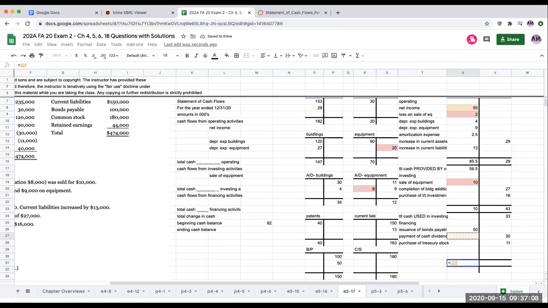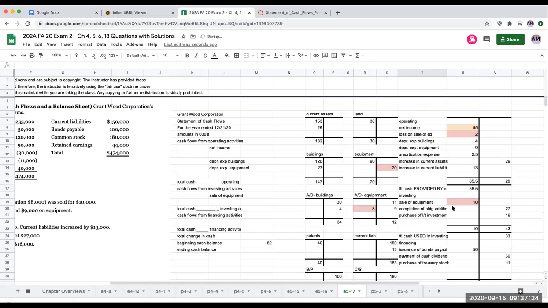Over here, I've got 50 and then 41. So this is going to be total cash provided by financing. Okay, so this problem is a little bit weird.